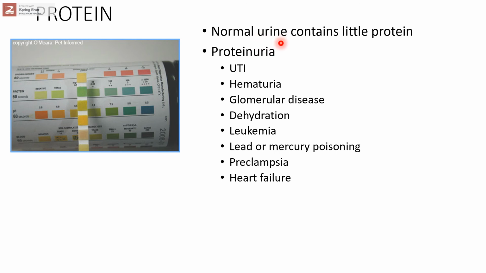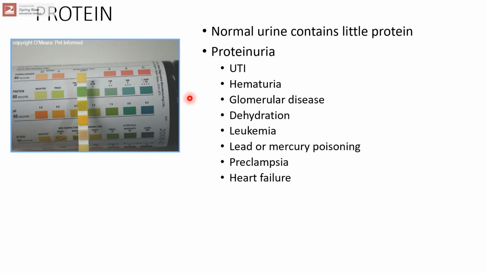Now, normally we excrete up to 150 milligrams per day of total protein in the urine, and about 20 milligrams per day of albumin. Now, albumin is the most abundant protein in the blood, and the test strips are usually sensitive only to albumin. They don't detect all the proteins in the blood, okay?